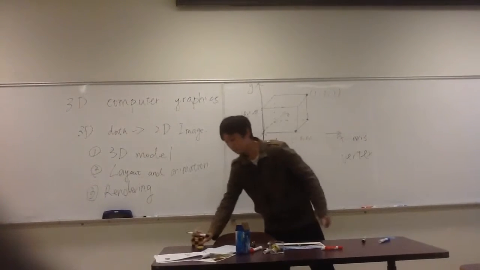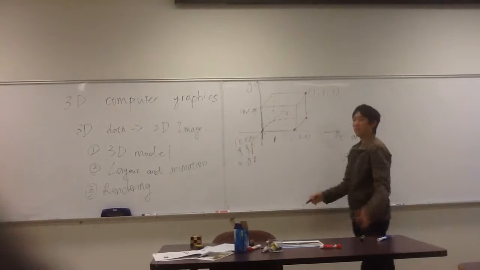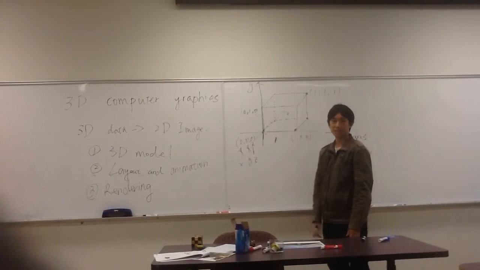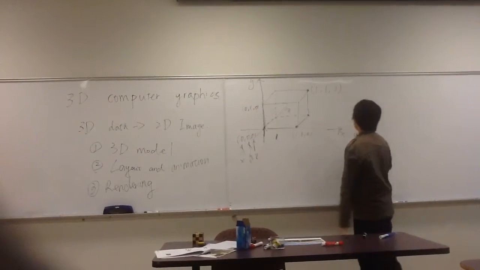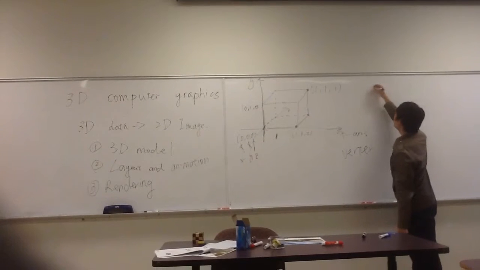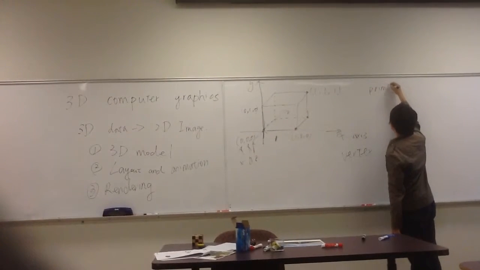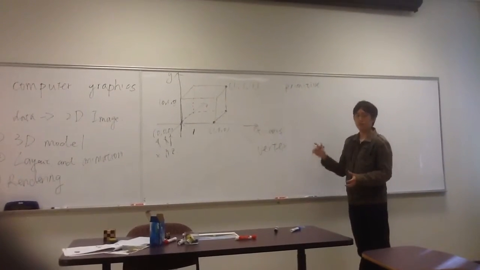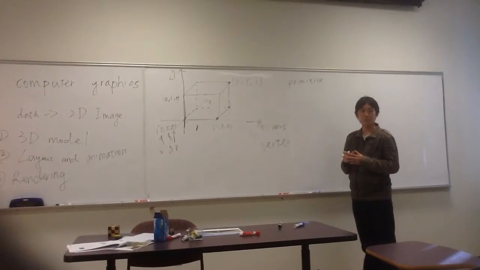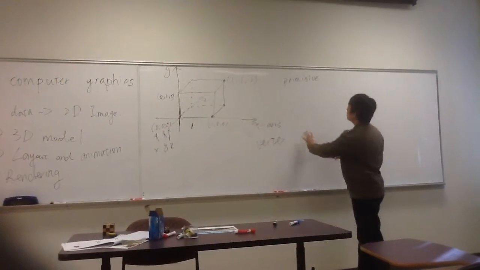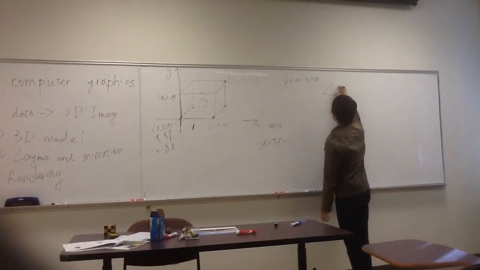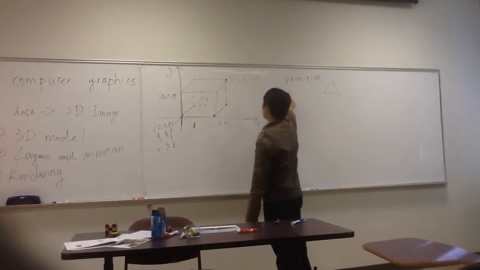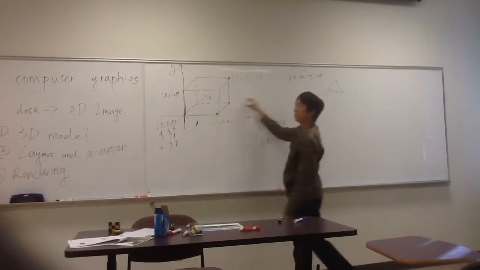So can everybody tell me how many faces we have in this cube? 6 faces. So in the 3-dimensional world, we use a terminology called the primitive to describe the basic unit, which means in this world we use triangles as the basic unit, because this is the basic shape in this system.